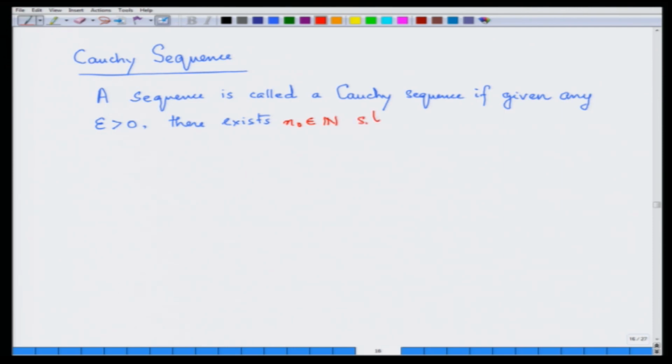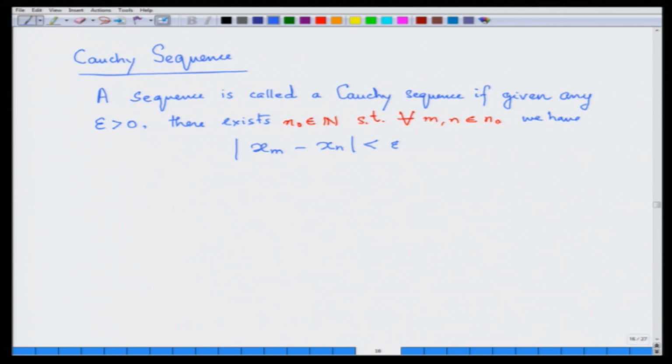Such that for all m, n bigger than this n naught, we have mod of xm minus xn.